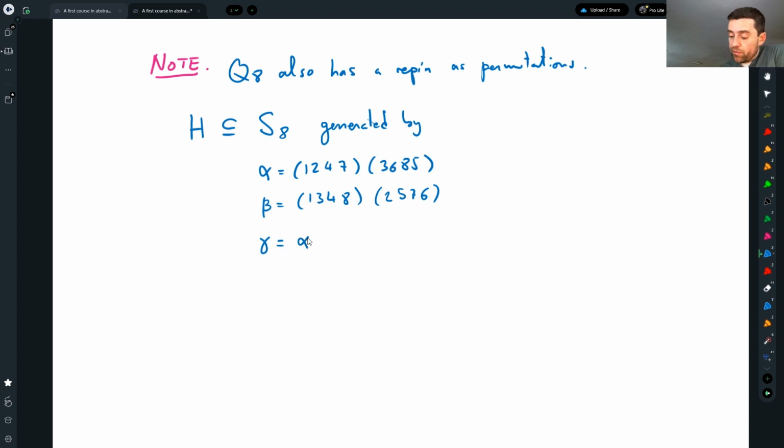So it turns out that if I pick my K, in this case gamma, to be alpha times beta, then you can check that this is 1, 6, 4, 5, 2, 3, 7, 8.